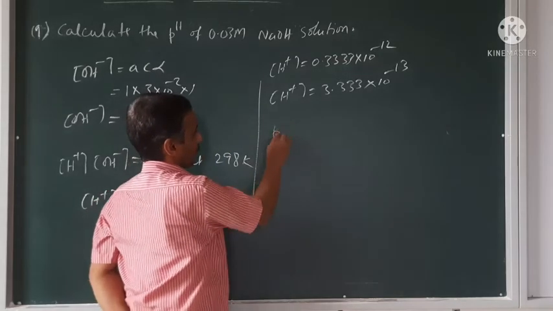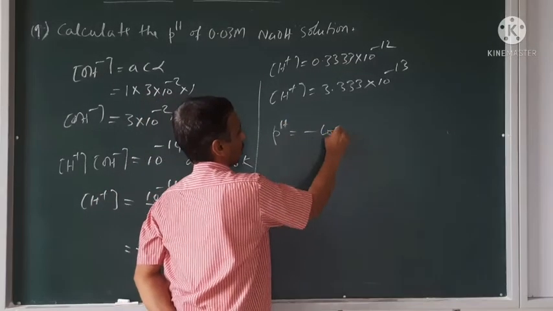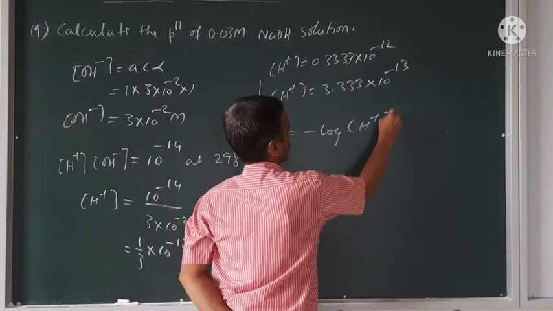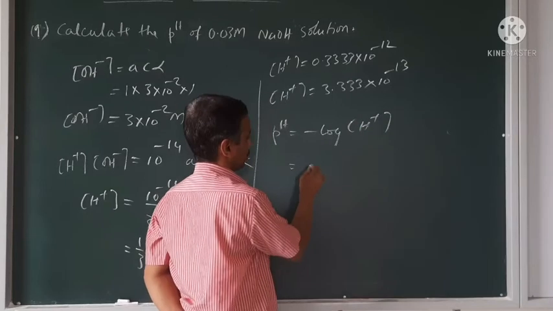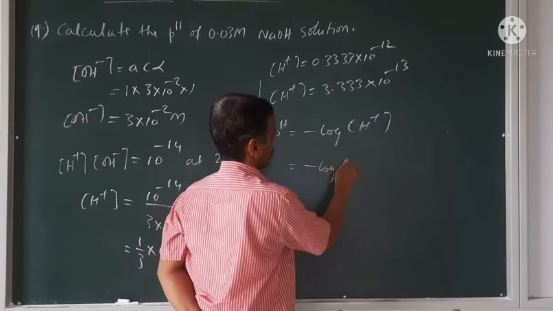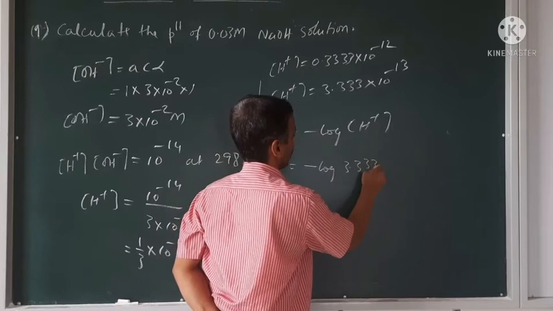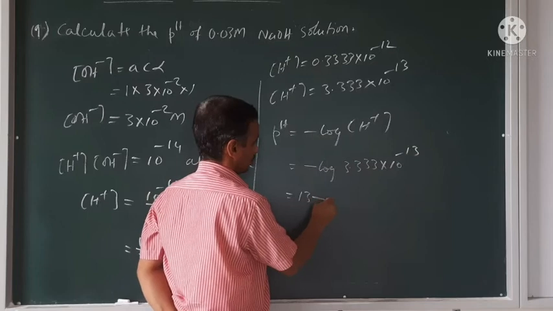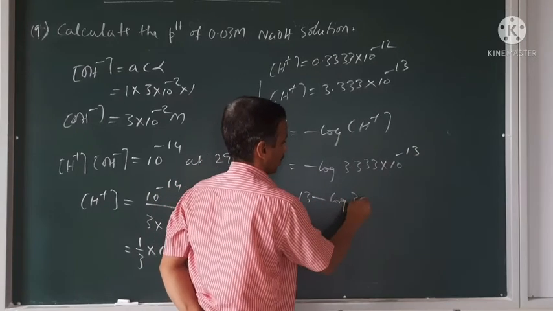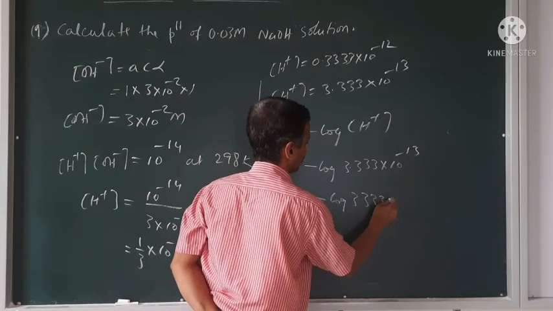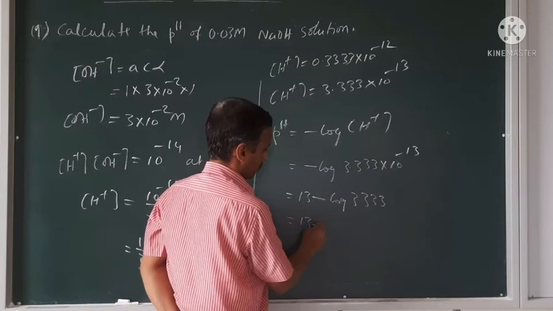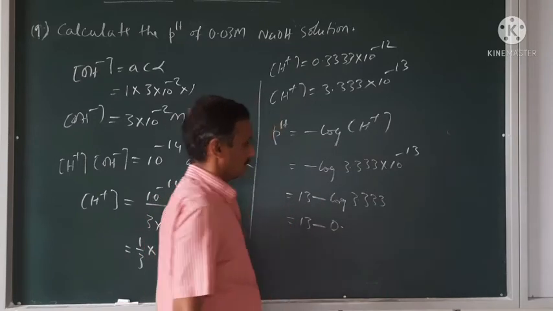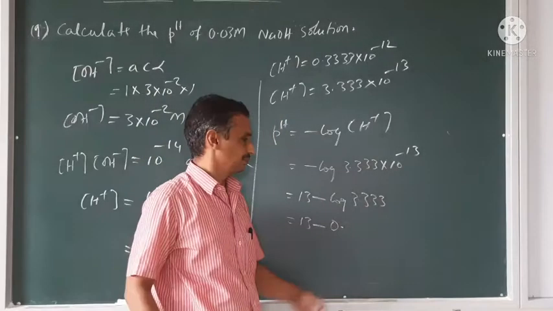Now use that. pH is equal to negative logarithm of H plus concentration is equal to negative logarithm of 3.333 into 10 power minus 13 is equal to 13 minus log of 3.333 is equal to 13 minus 0.5229.